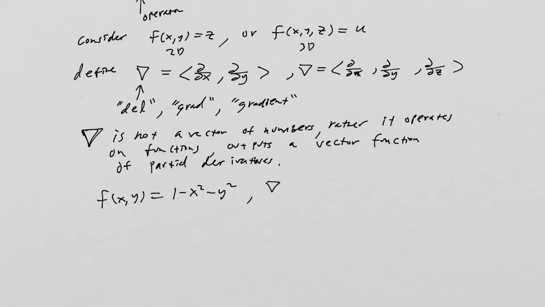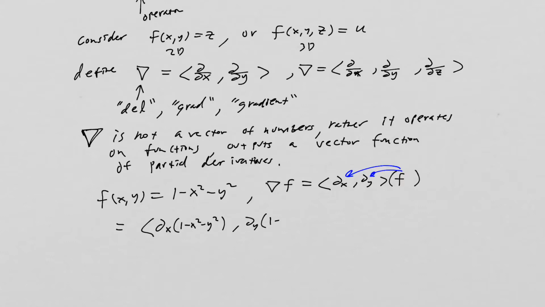Here are the partials, and then you have your function sitting next to it. Then you effectively just distribute f to each one of those, and you get the partial with respect to x of 1 - x² - y², and the partial with respect to y of 1 - x² - y².